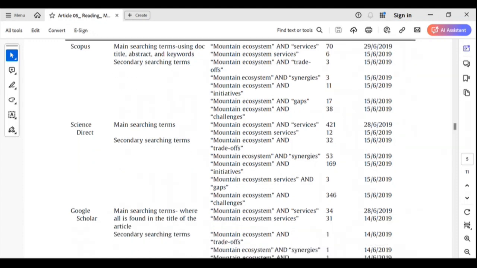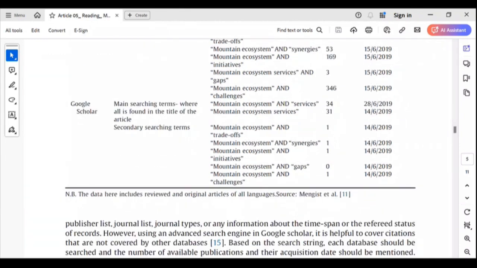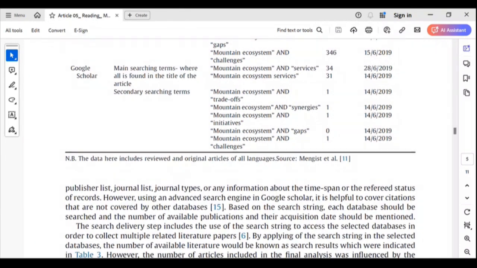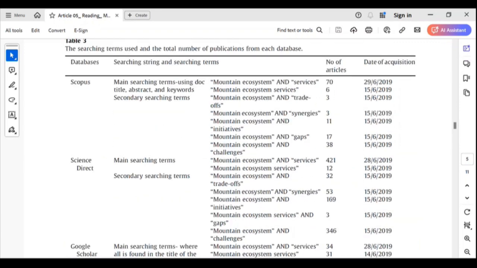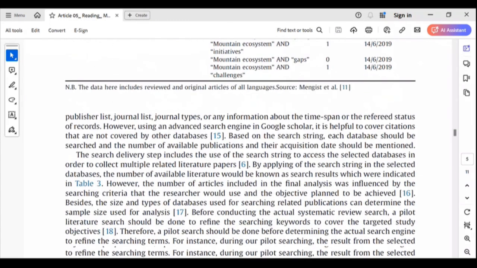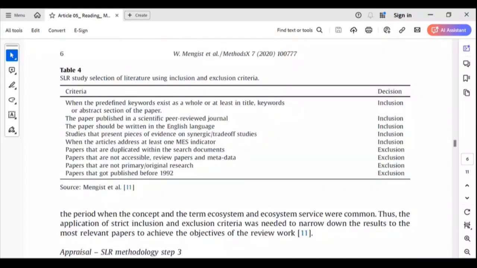So these are very, very systematic searches, right? For those who do a bibliographic paper, you can also use something like that. So they can show how many articles here from Scopus, how many articles here. Of course, you can also see from which country, which is the most popular author under this topic or research area. Okay? So you can see what is included, what is excluded. Papers that are duplicated with the search documents are, of course, excluded, right?